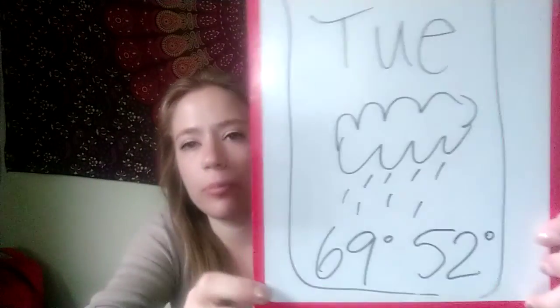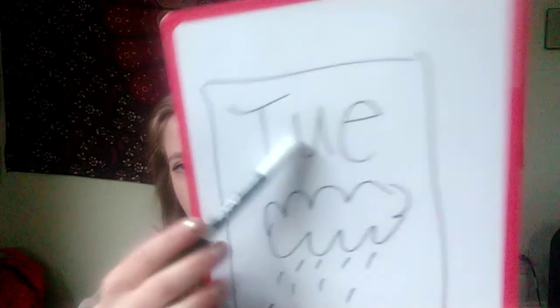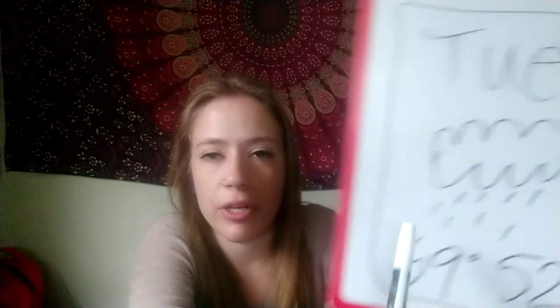We have a similar weather picture tomorrow as our weather picture today, and it is a rain cloud with some rain. Then I see two temperatures, 69 degrees and 52 degrees. So if you have your blue box around Tuesday, T-U-E, short for Tuesday, the type of weather we're going to have tomorrow.